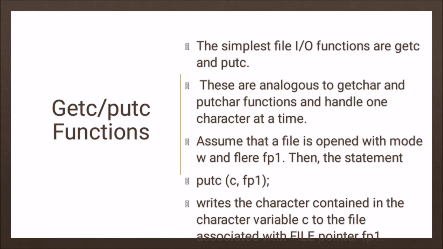So, this is the getc and putc functions. The simplest file I/O functions are getc and putc. These are analogous to the getchar and putchar functions and handle one character at a time. Assume that a file is opened with mode w, which means writing mode, and the file pointer is fp1.